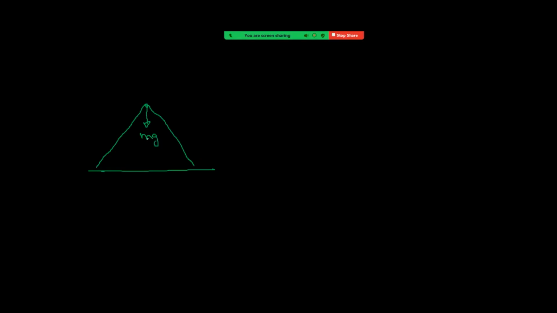And coming to the ladder, each of mass capital M, so we can take that weight is passing through the center of mass, capital Mg, and here also capital Mg.